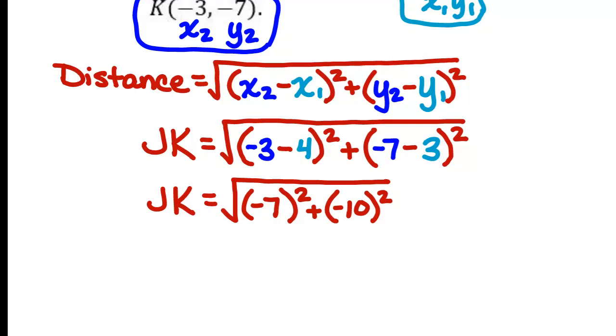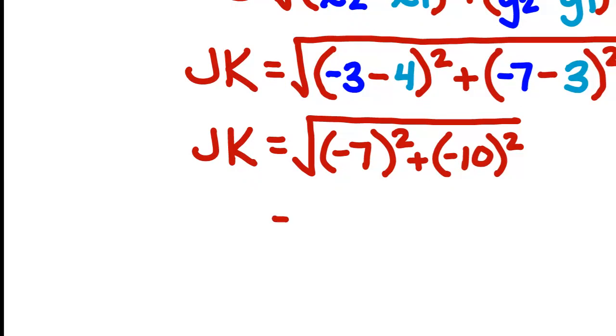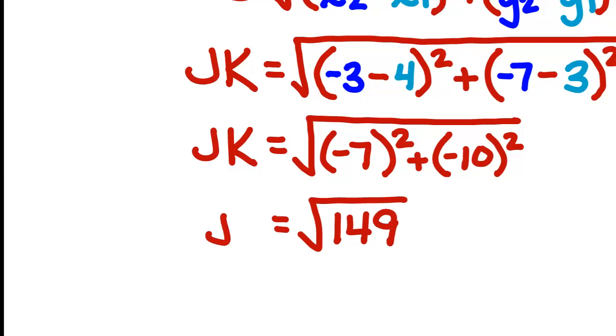About 12.21. What's the very first thing you see when you hit the enter key? Is that the very first thing that you see, the 12.21? Square root of 149 is what it said on my calculator at first. This is what it showed me, which makes sense if I think about it, because what is negative 7 times negative 7? 49.